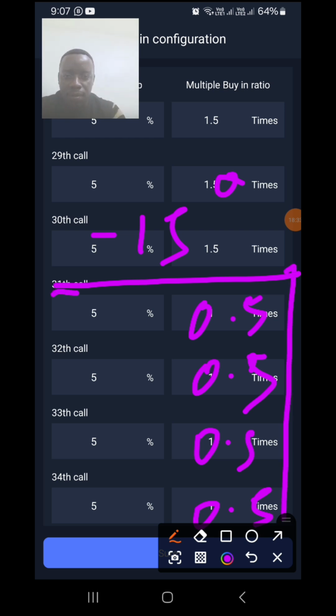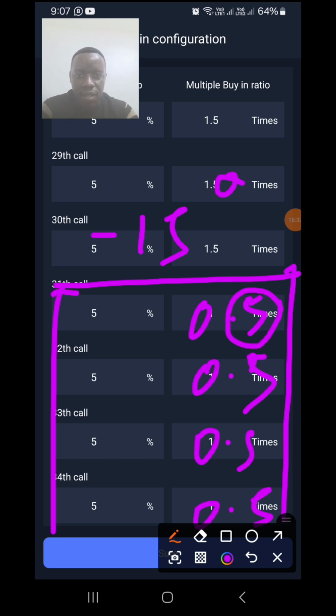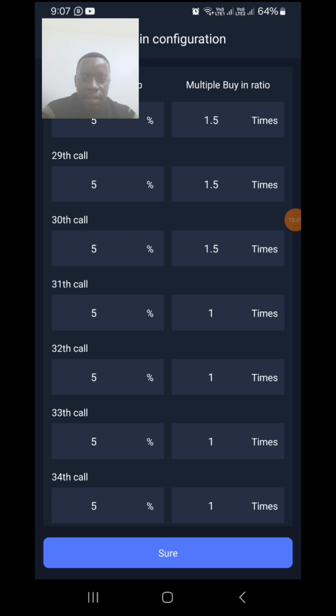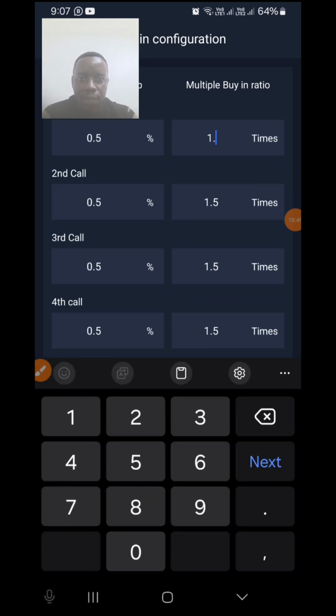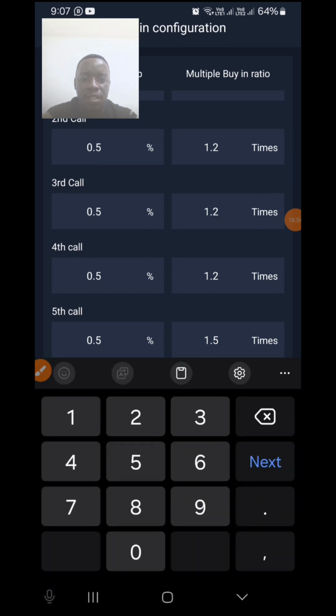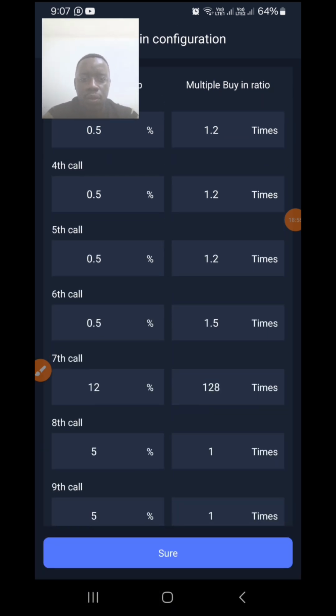Now, these 30 margin calls which are down, whatever digit you remove from down is what you put up. So, let me say, for instance, instead of 1.5, you have put 1.2.